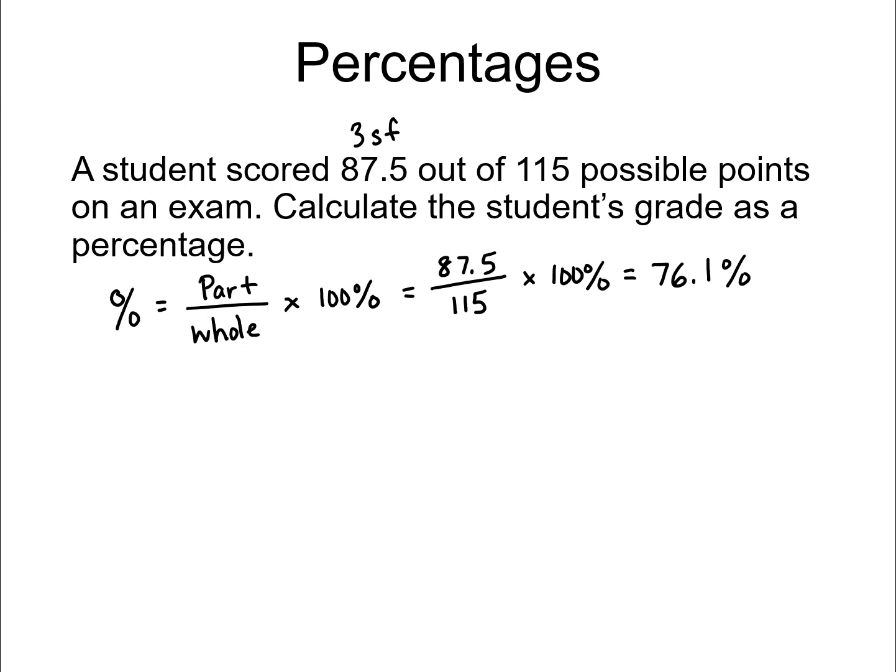With these types of questions, I will usually tell you round to 2 significant figures or round to 3 significant figures. We're not going to be too concerned with that right now.